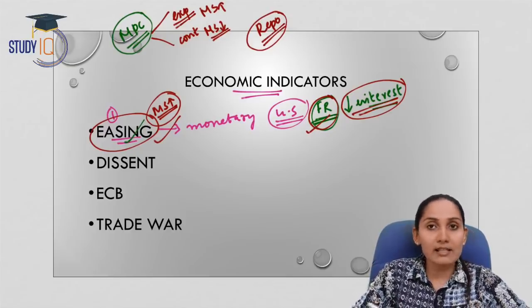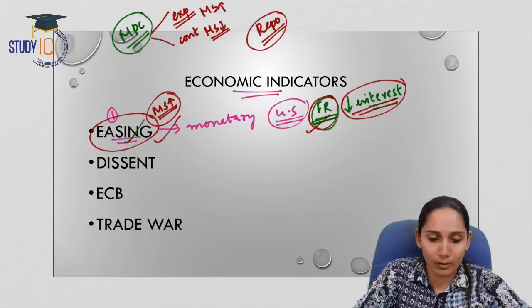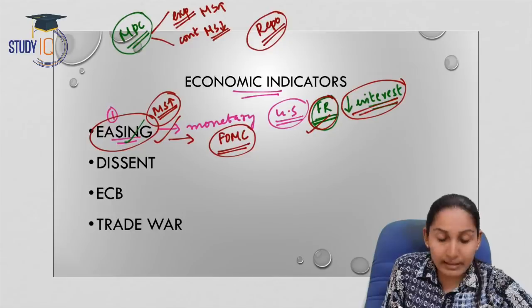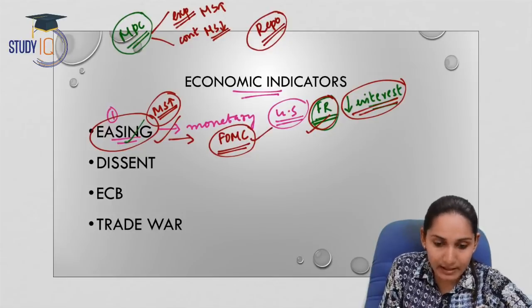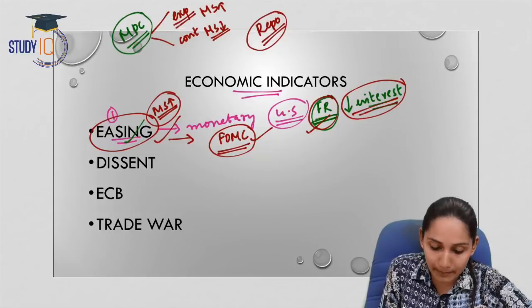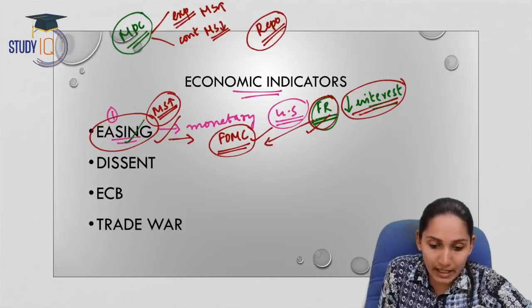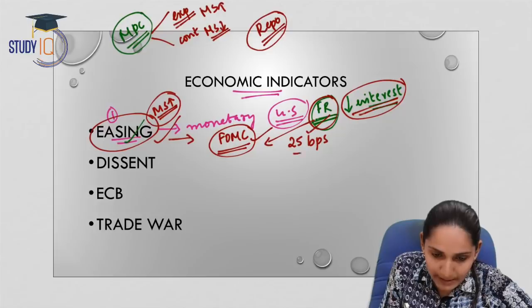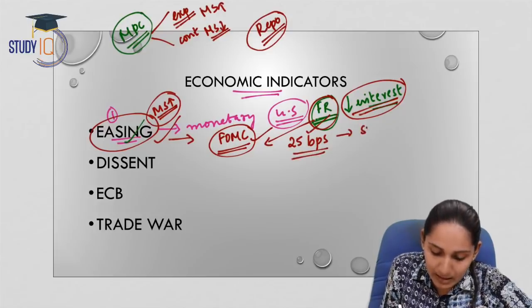Any change in the money supply in the US economy will have consequences and impact on the global economy as well. Very recently, the Federal Open Market Committee, that is FOMC, which in the US is like the Monetary Policy Committee in India and comes under the Federal Reserve, reduced the policy interest rates by 25 BPS, or basis points, in order to support the US economy and increase the money supply.